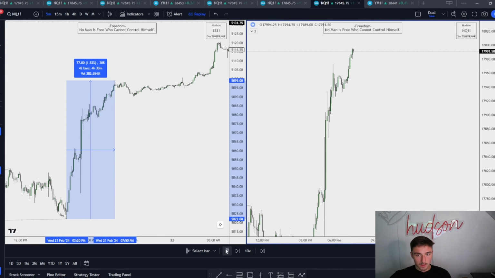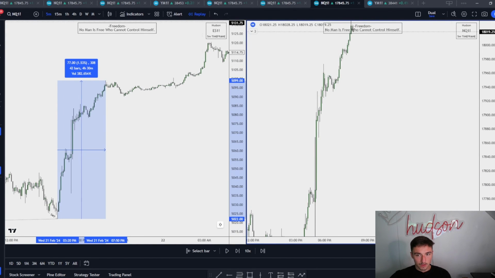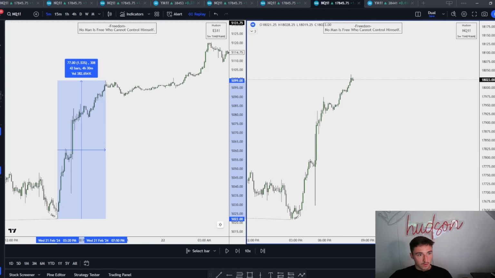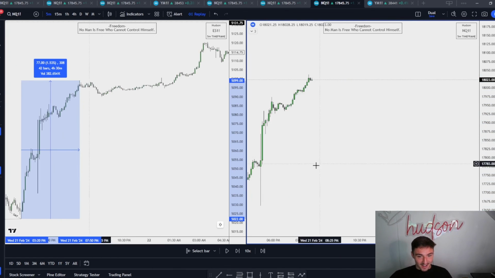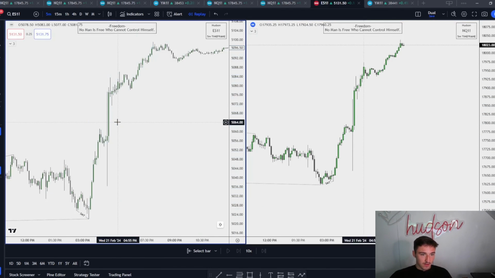Right there. 1.5%. Oh wow, NQ actually moved more. Sorry. But either way, doesn't matter exactly which one you want to long or short, but you should long the stronger index and short the weaker one.